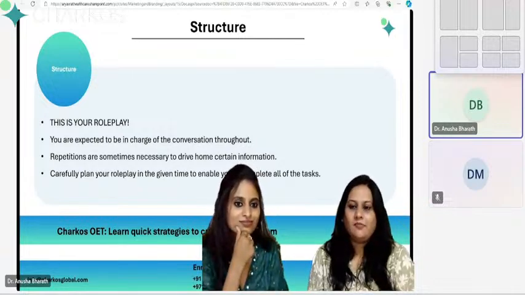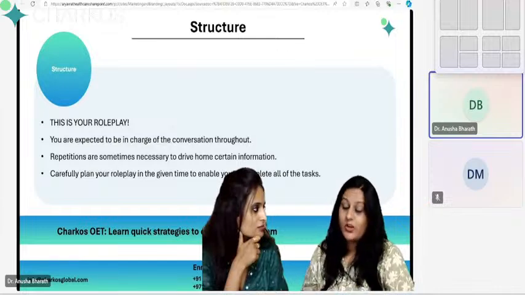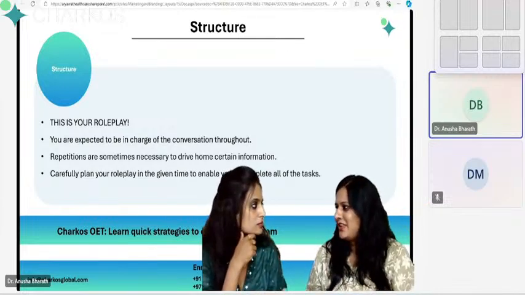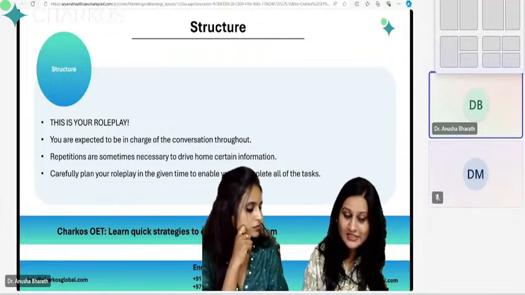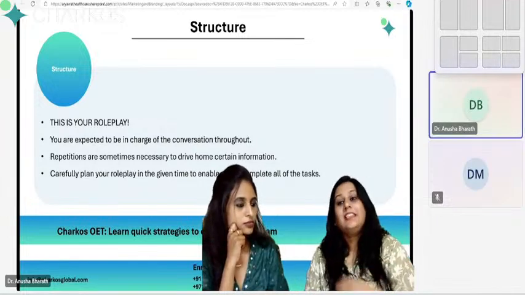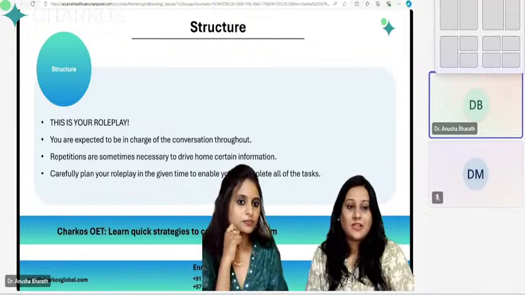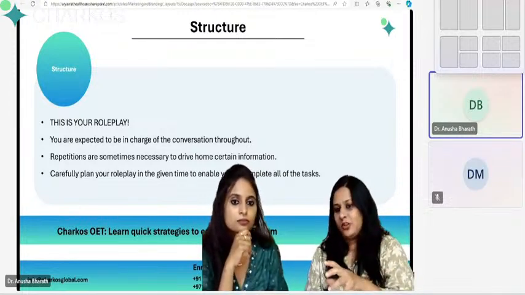And how can you avoid that? Probably there are some cases where you would completely talk about everything that is given, and probably 30 or 40 seconds are still left. So you can utilize that time to summarize the whole conversation. You can talk about some points that would be beneficial by stressing on those points.